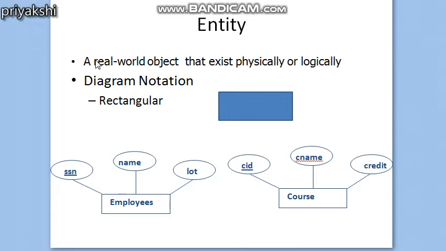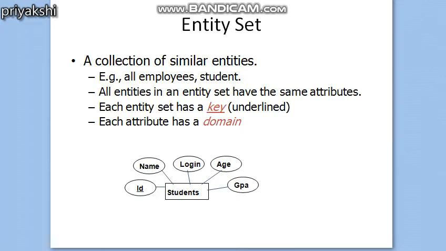Next we will see what an entity set is. The collection of all entities of a particular entity type in the database at any point in time is called the entity set. So it is a collection of similar entities. For example, all the employees or all the students can be defined as an entity set.